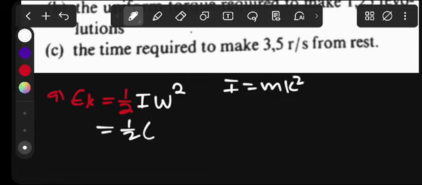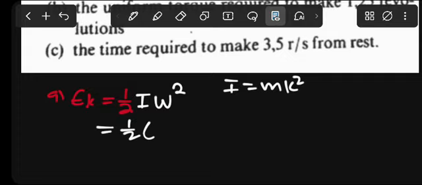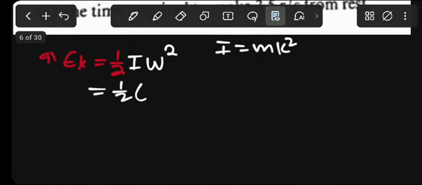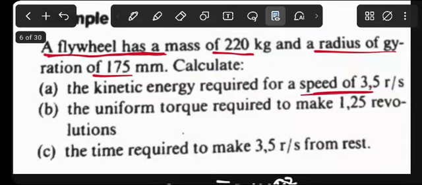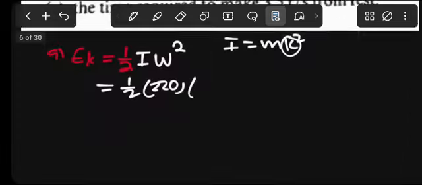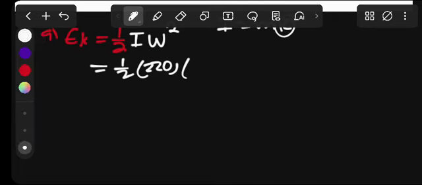So the mass there, are we given the mass? The mass is 220. Here I have 220 multiplied by the radius of gyration, which is 175 millimeters. This is the same as 0.175.